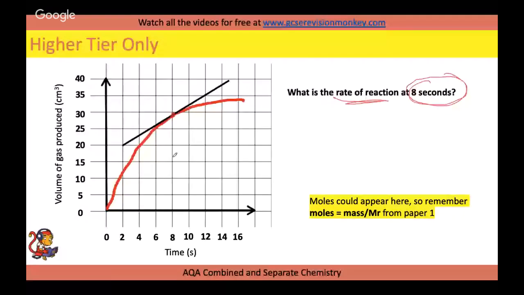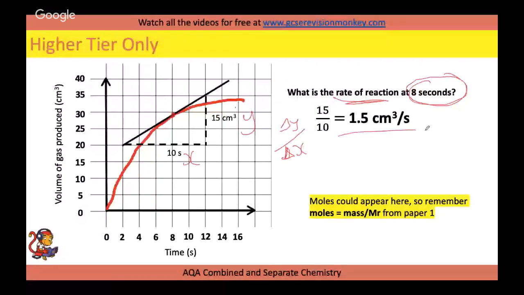So just a reminder, when you're calculating the gradient, draw a triangle onto your tangent where it nicely crosses the grid so you can work it out easily. And then you're going to do your y divided by x, okay? So change in y divided by change in x, so 15 divided by 10, and that will give you a rate of 1.5 centimetres cubed per second.